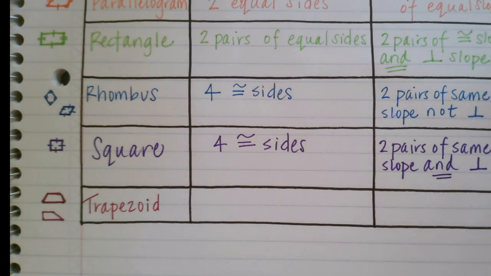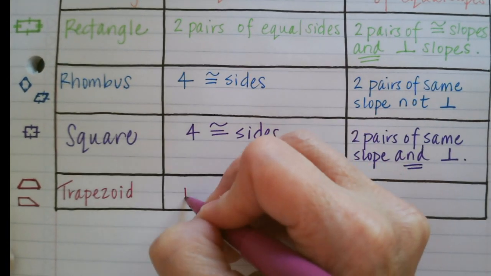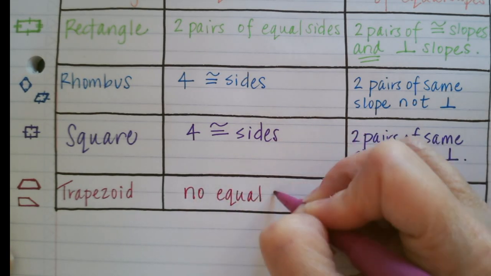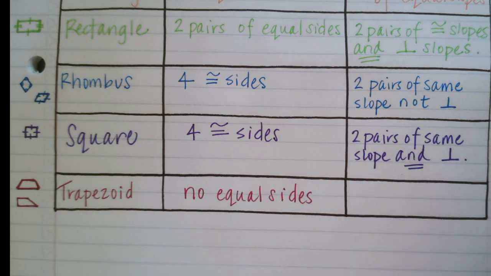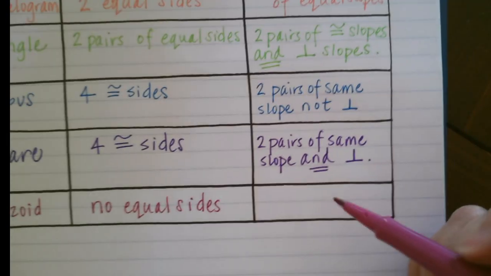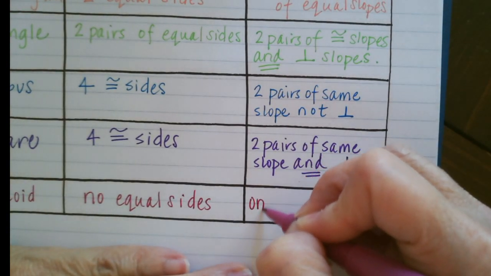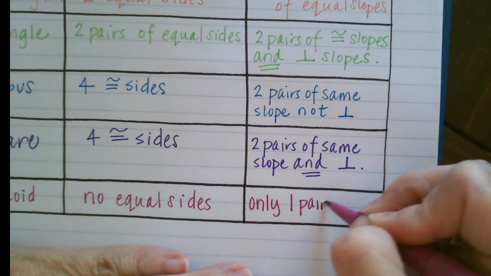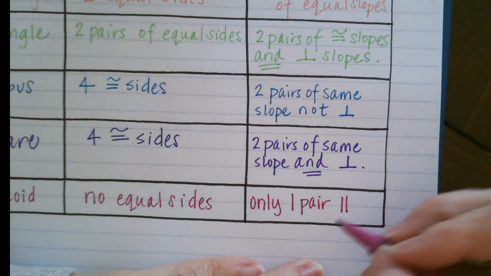So the deal with a trapezoid is that there's only 1 pair of parallel sides. So we can have no equal sides, or we can have equal sides. It doesn't matter, okay? But on the slope, we only have only 1 pair are parallel slopes.